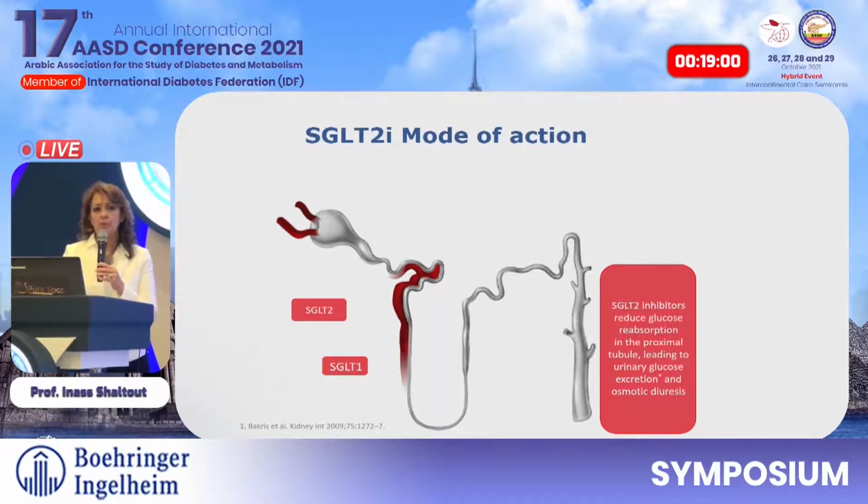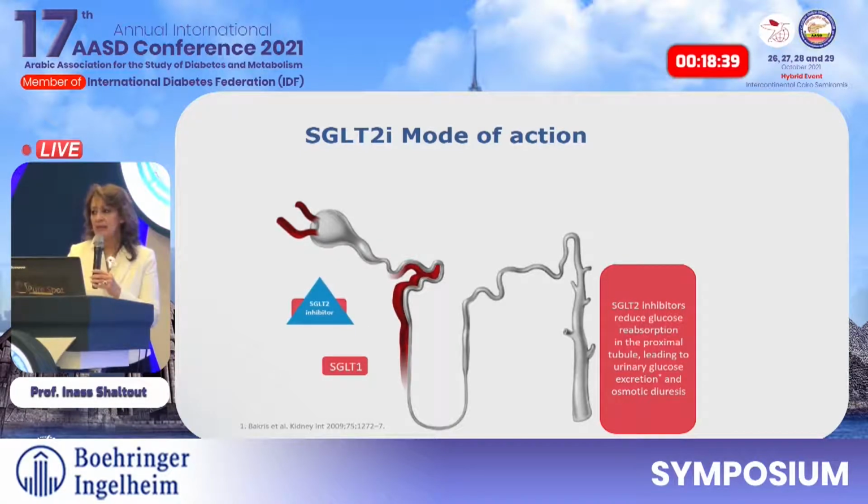It reabsorbs at least 90% of the glucose in the proximal tubule, and 10% of the glucose is reabsorbed by SGLT1. So the most important of them is SGLT2.